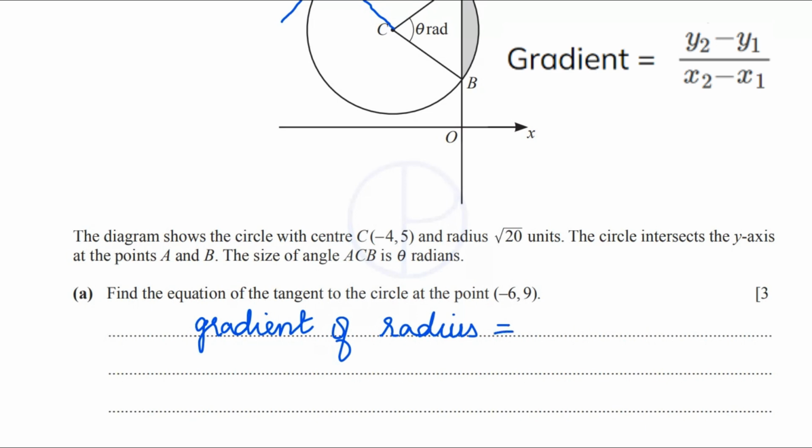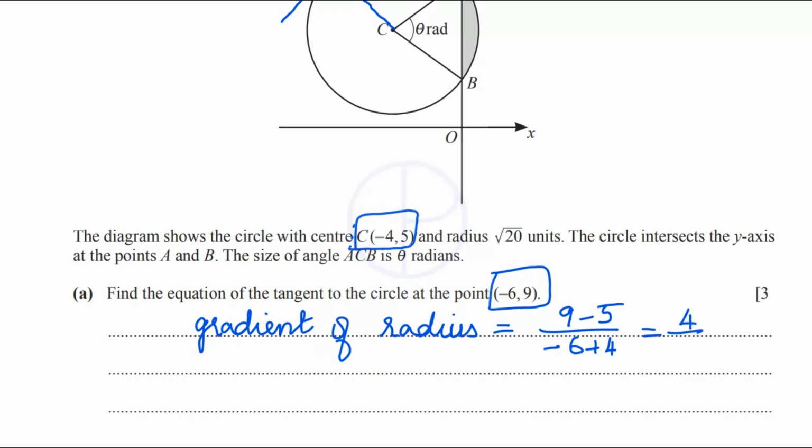And gradient of radius is, so we have to use this and this point. 9 minus 5 over minus 6 minus of minus 4, so this will be plus 4. So 4 divided by minus 2, which gives negative 2.